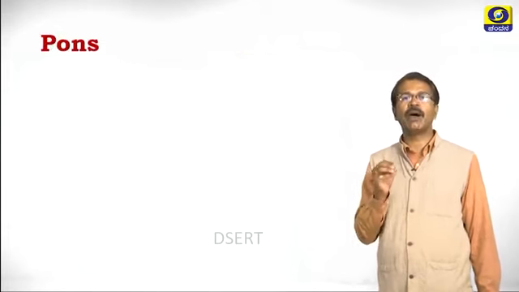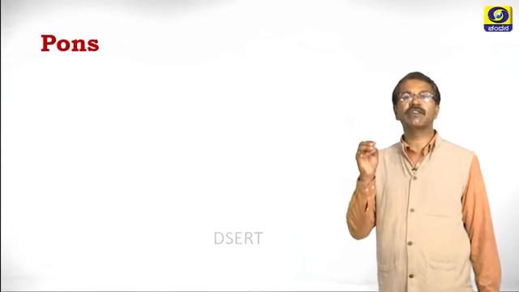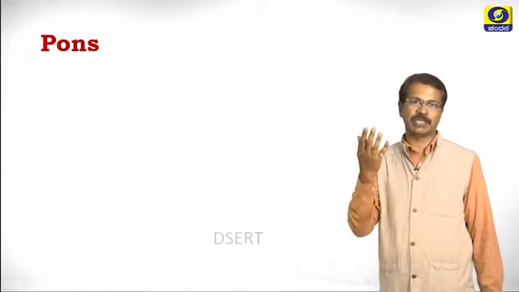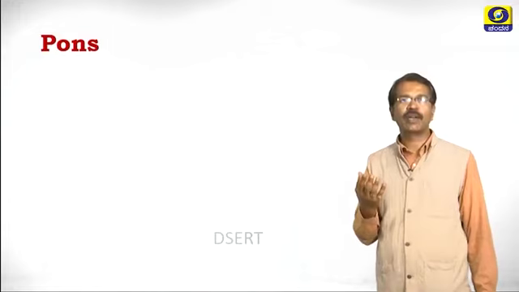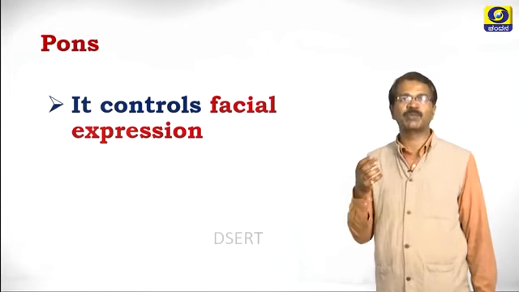Next is the pons. We have heard the famous proverb that the face is the index of the mind. Whatever is in your mind gets expressed in the face. If you are happy, you can sense that from your facial expressions. Thus, I can say that the pons controls all your facial expressions.